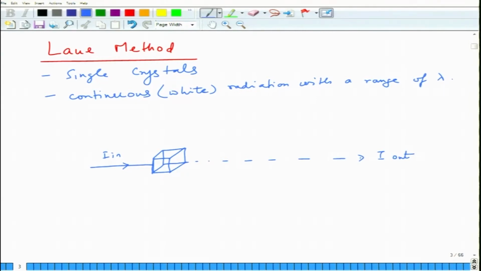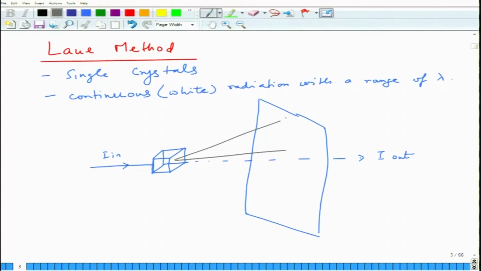As a result, if you keep a screen in front, somewhere here, this is the X-ray screen on which the diffracted spots are going to go. You can have diffracted spots going in various directions, and they go in such a manner that they form a cone.